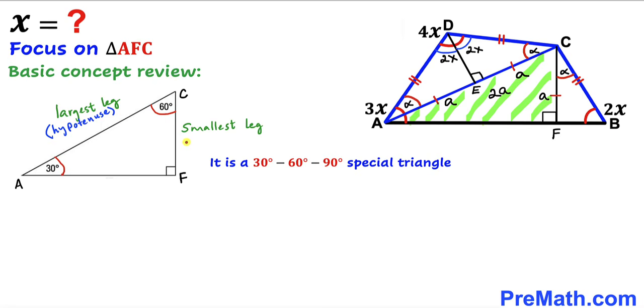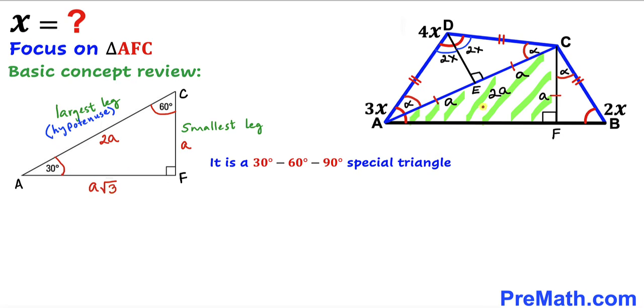If the smallest leg is 1 unit, then the largest side is going to be 2 times that, and the third leg is going to be square root of 3. In general, if the smallest leg is lowercase a, then the hypotenuse is going to be 2 times a, and the third leg is going to be a times square root of 3.